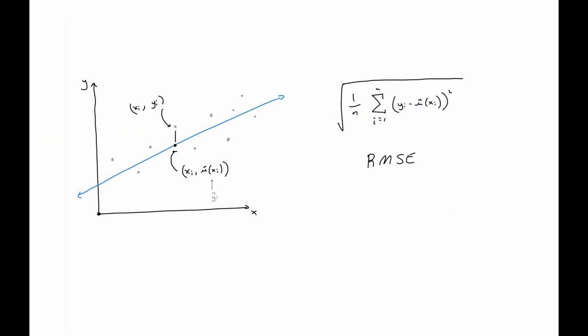Okay, so somewhat pictorially, this is what's going on here. If you imagine moving this line to different slopes and intercepts, we want the one that makes these errors that I've indicated here as small as possible in a squared sense. If we add a divide by n and a square root, this is going to be called the root mean squared error.